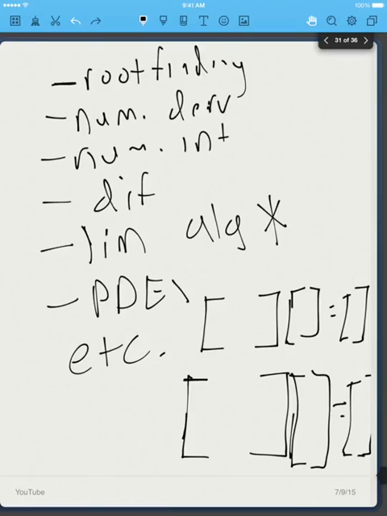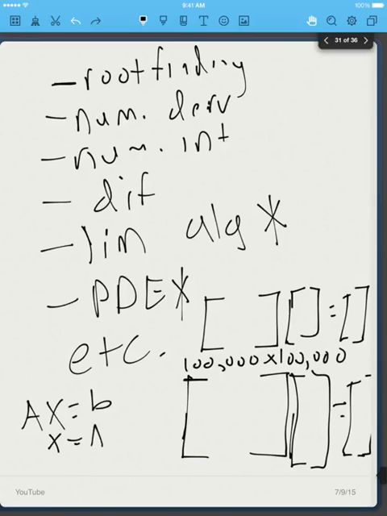Why do you care about that? Well, you care about it in this world. When you get to 100,000 by 100,000 and you're trying to solve this system by direct methods, the direct method would be calculating the inverse and doing out the matrix multiplication.